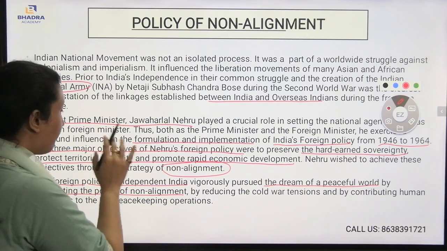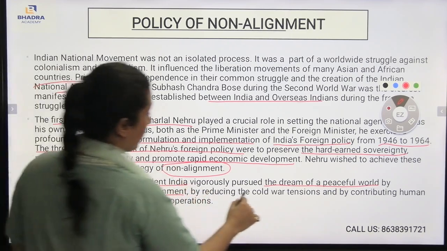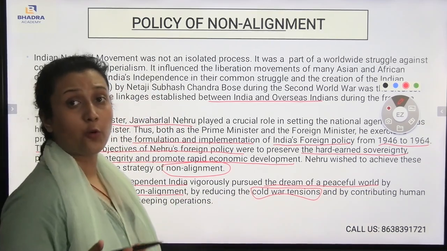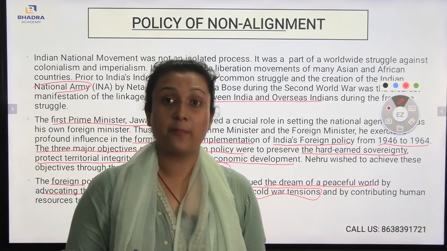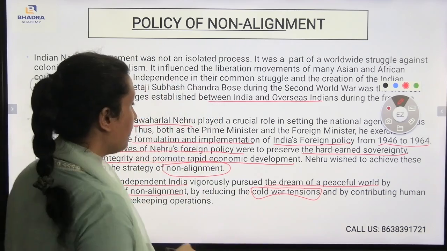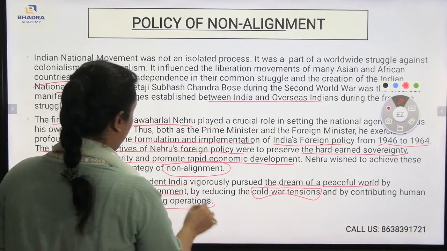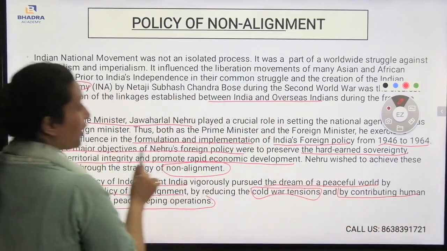With the help of this foreign policy only, the Cold War tensions were reduced. During that time, the Cold War was between Russia and the United States of America. Also, by contributing human resources to UN peacekeeping operations, India contributed some of its human resources.